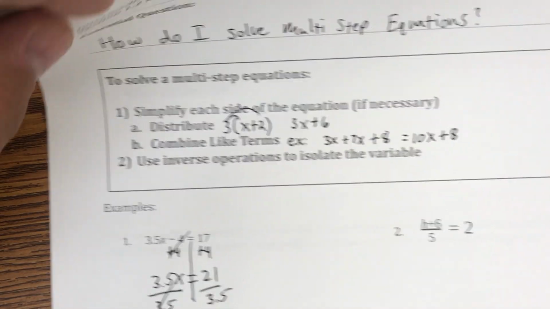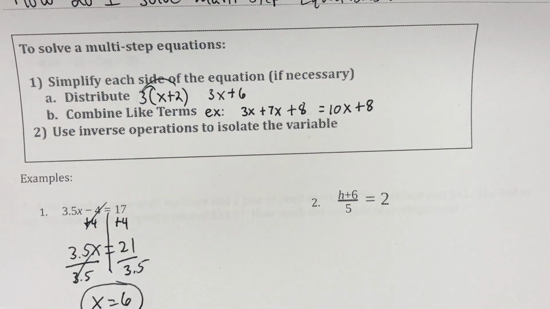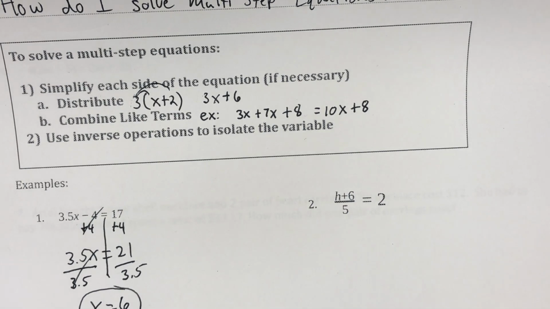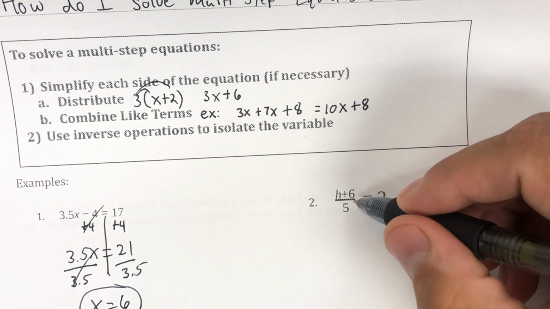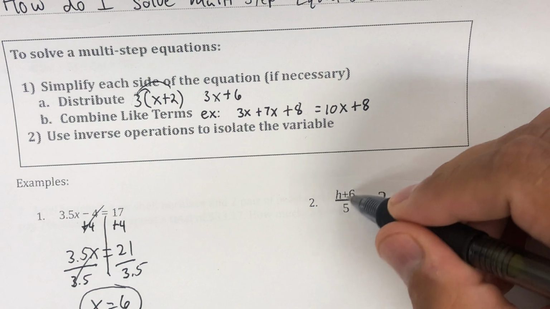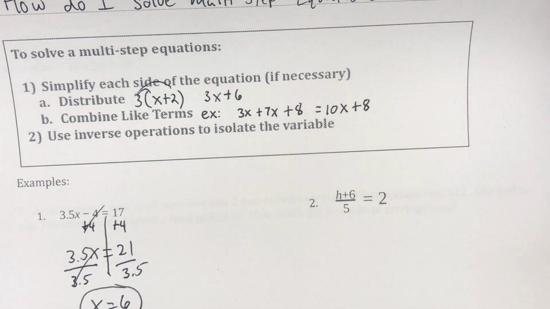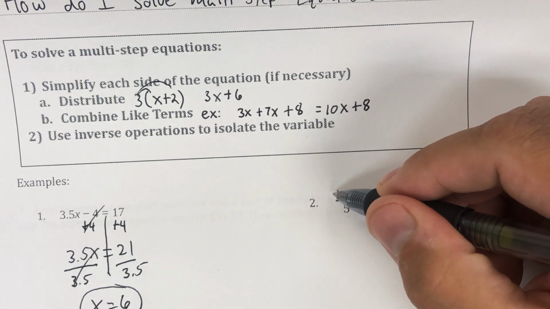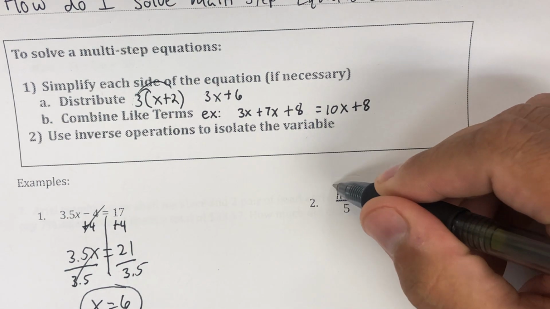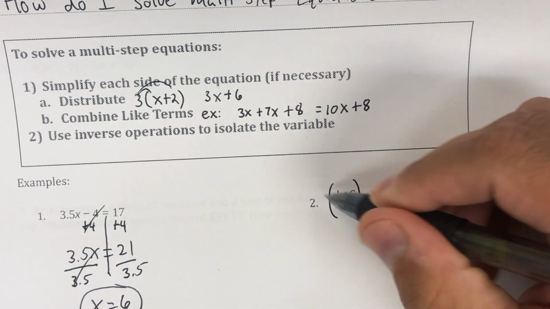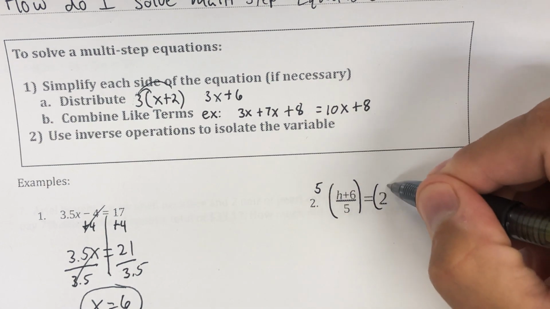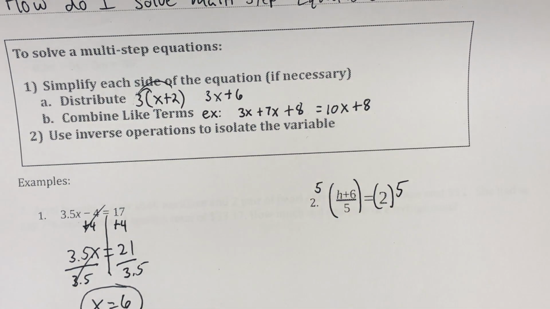Number 2, this is one of the tricky ones where we're going to multiply before we add or subtract. And the reason why is the entire side is being divided by 5. Since that entire side is being divided by 5, I'm going to undo the division portion of the problem first by multiplying both sides by 5. Notice again I used parentheses to indicate multiply.